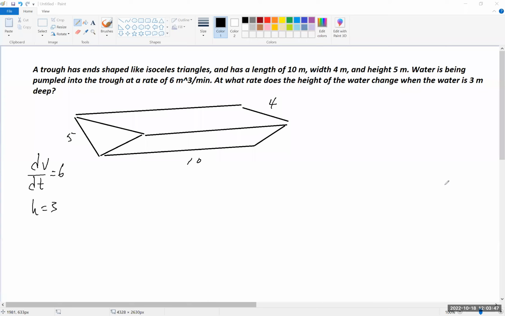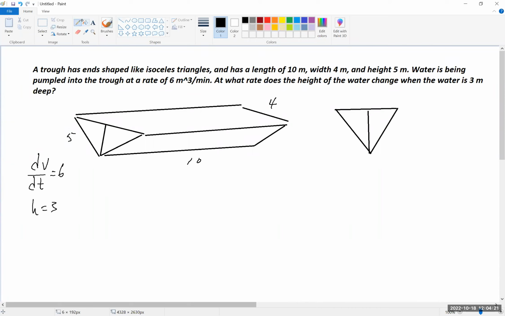So for clarity on this question, we should be real clear that the 5 is this height here, and we should look at this view to try to get a better idea of what's going on, knowing that this is the height. And so it says, at what rate does the height of the water change when the water is 3 meters high?